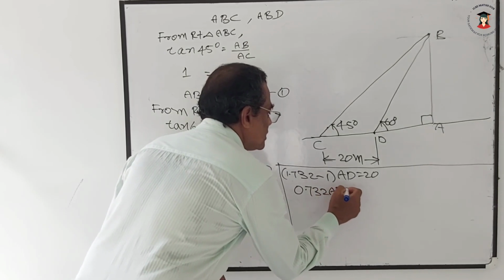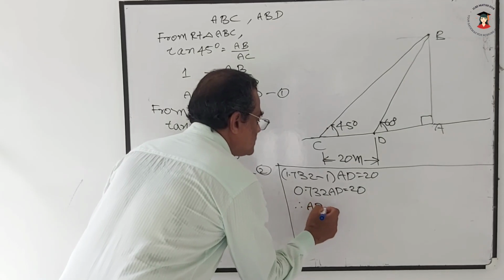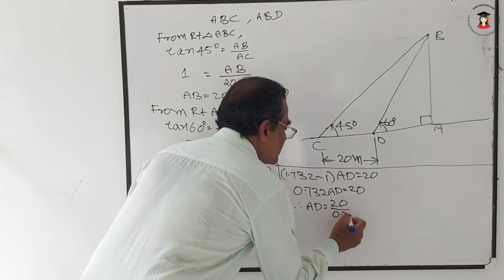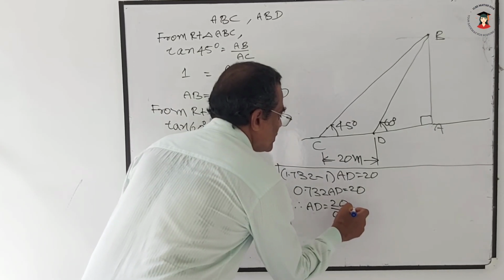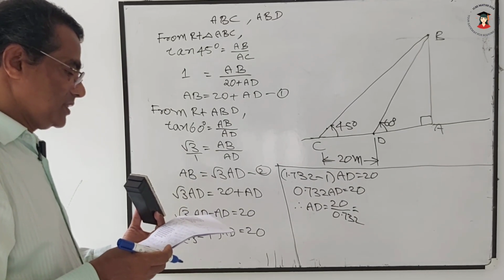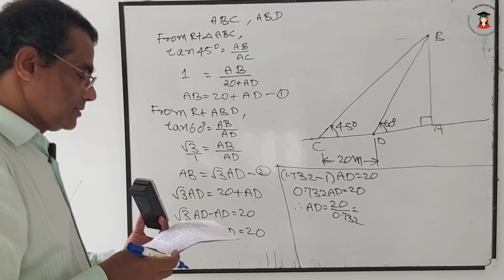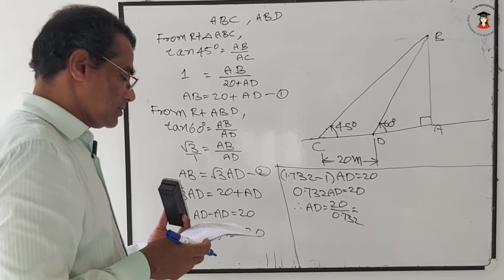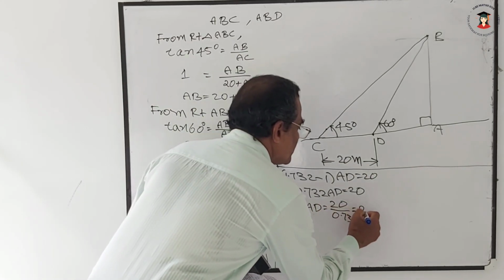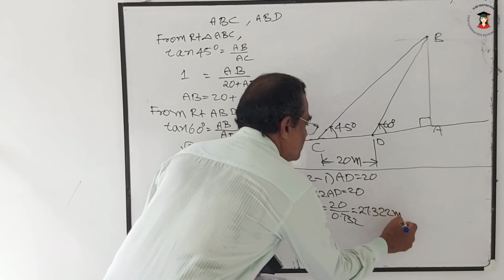So 0.732 AD equal to 20. Therefore AD equal to 20 divided by 0.732. AD equal to 27.322 meter.